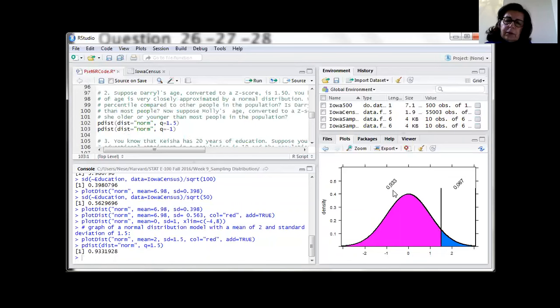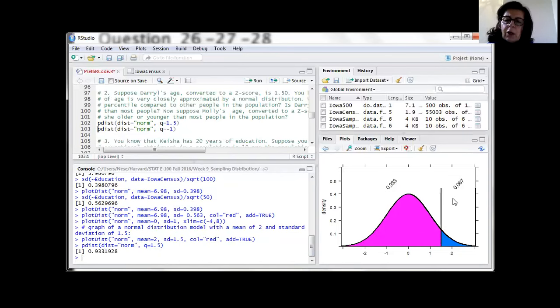The proportion is 0.93. What does this mean? The proportion of the z-scores less than or equal to this z value, which is 1.5, is 0.93.